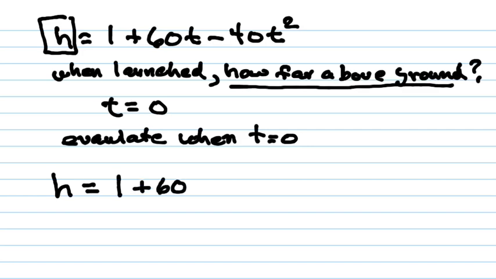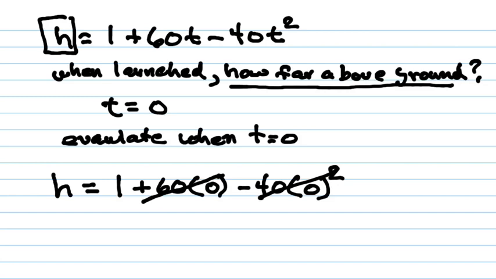Plus 60 times my t, which in this case is what? 0. Minus 40 times my t, which is 0 squared. That's nice. Why is it nice when they're zeros? Yeah, 0 times anything just makes 0, so they're gone. So what is h? 1 potato? 1 what?